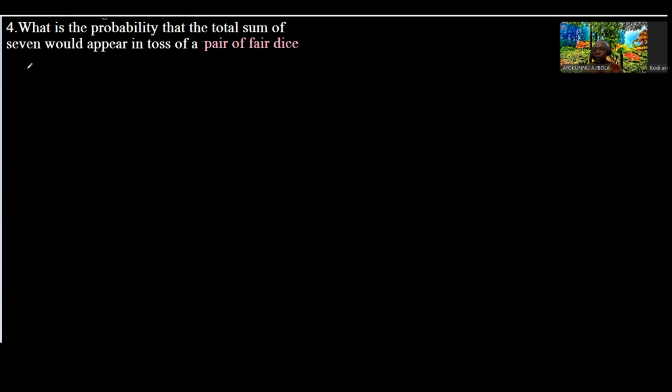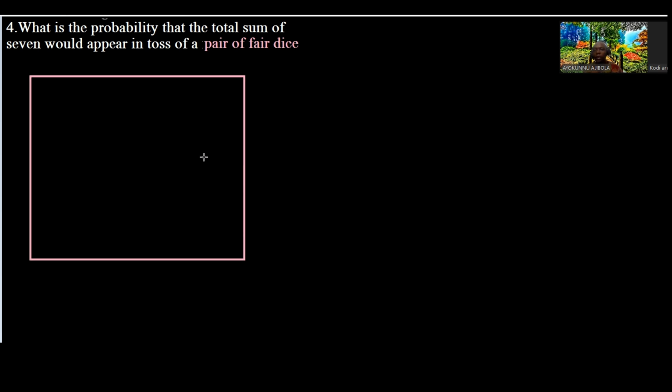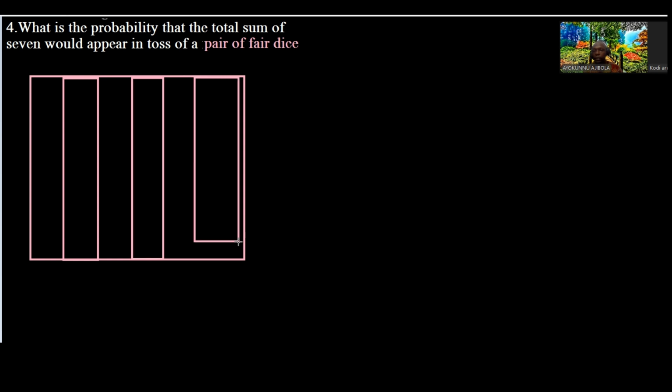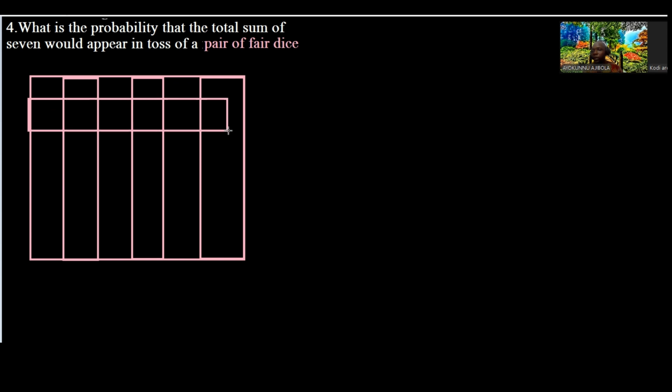we will get our sample space, something like this. We need up to six. So one, two, three, four, five, six. We also need six downward.